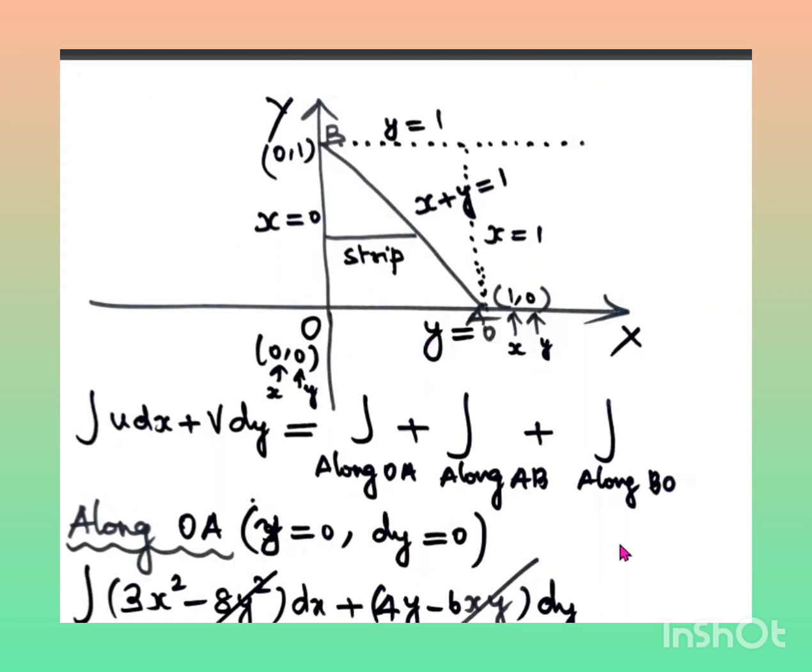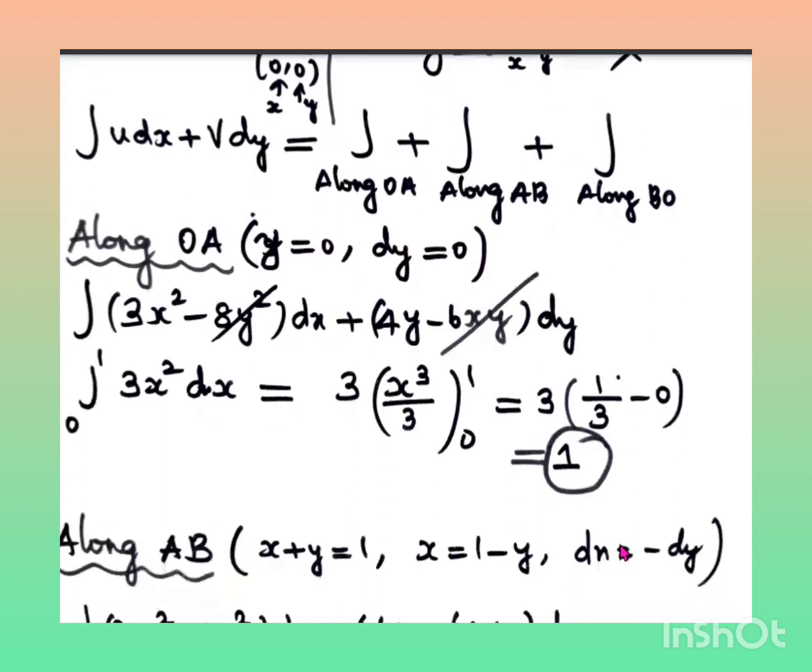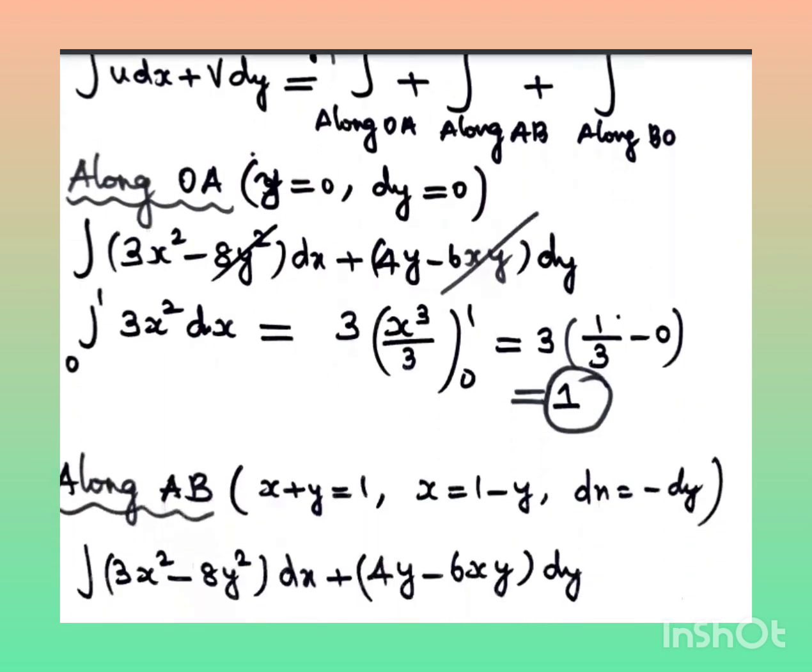In the given problem, the integral of (3x² − 8y²) dx plus (4y − 6xy) dy. With y equal to 0 and dy equal to 0, substitute in this equation. 8y² will vanish, and dy is equal to 0, so the second term fully vanishes. So you will get only 3x² dx.